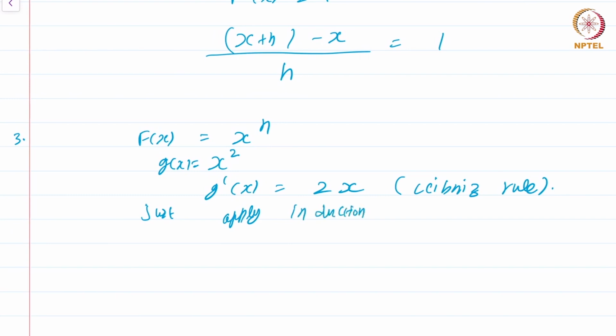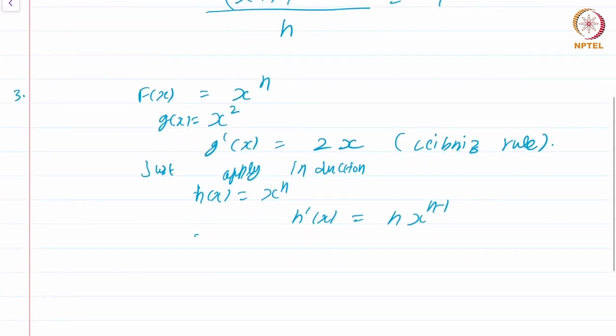That is, assume that for x power n, let's call this h of x, h prime of x is n x power n minus 1. Then if you want to differentiate x power n plus 1, just apply the Leibniz product rule. This is just x into x power n.